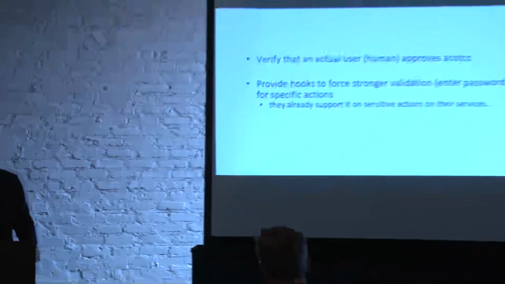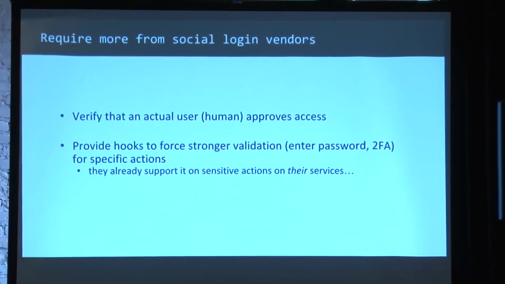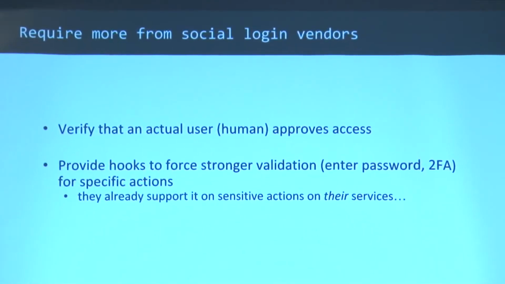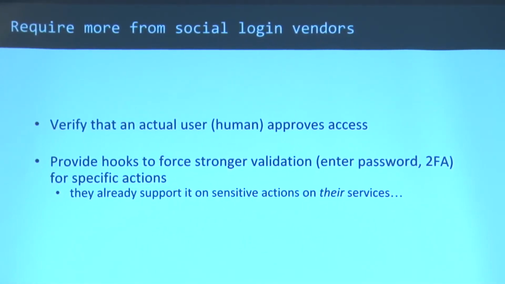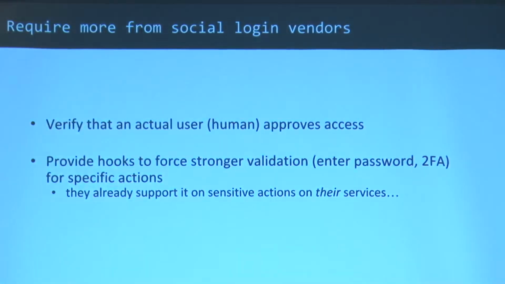So what can we do? How can we manage that? How can we help protect that? One thing is, especially in a forum like here and in groups, we can potentially demand the social login vendors to be more responsible, or to provide more capabilities for me as someone who is utilizing that to verify that when I'm enabling an application, it's not just popping a window where someone can automate the click in a hidden window or just send a message, even though the protocol, OAuth, will allow that.